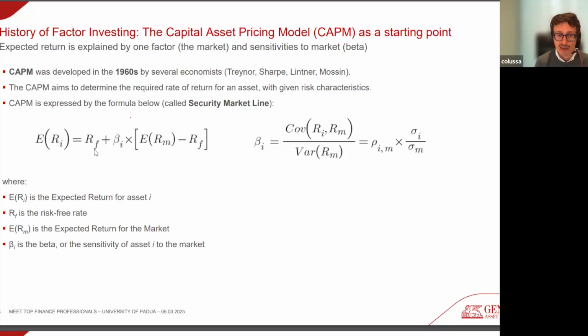Let's imagine short-term bills issued by Germany or the United States, whatever, plus a premium, which is linked to the correlation with the market. So we have the return of the market versus the risk-free rate. This is the market premium multiplied by a beta.